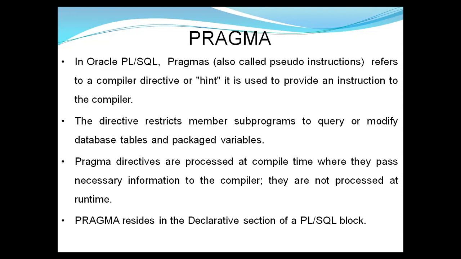So that means the compiler has its own rules to compile the program. But let's say we want to compile a particular program in a different way. So how will the compiler know that? Because the compiler has a set of rules available to it by which it is compiling the program.